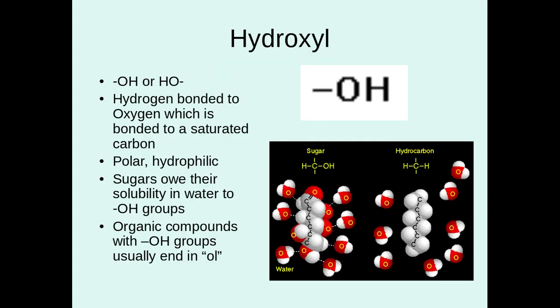The first one is hydroxyl. That's the OH group right here. Now, hydroxyl is very common when we start talking about alcohol type groups as well as sugars. So you're going to see an OH group in things like ethanol, propanol, methanol.